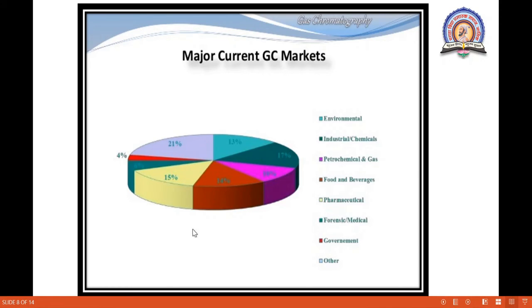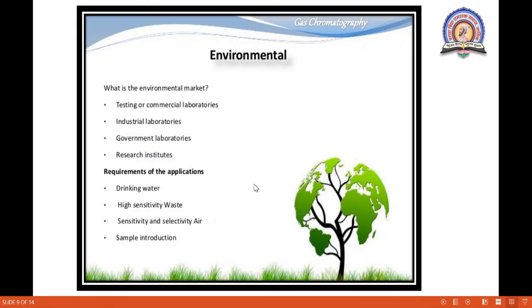So this is the current gas chromatographic market. Then we will see them one by one.